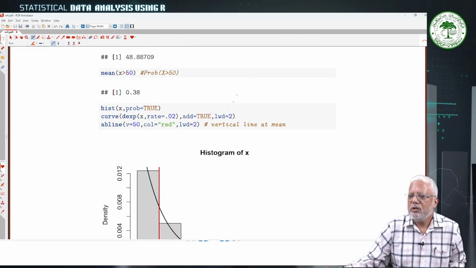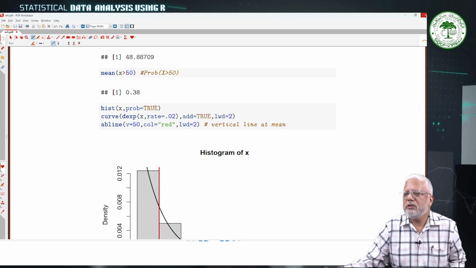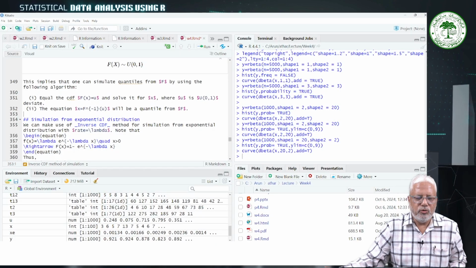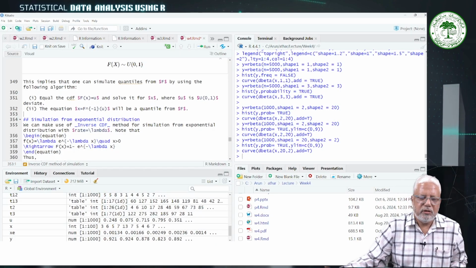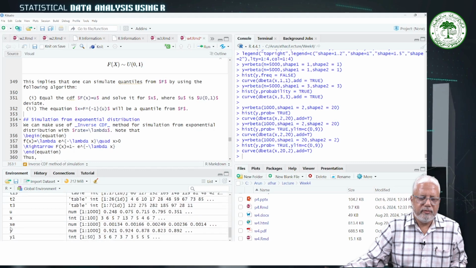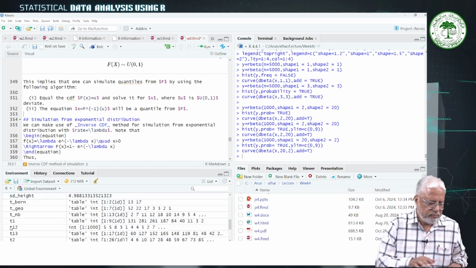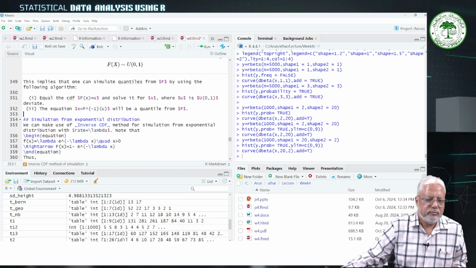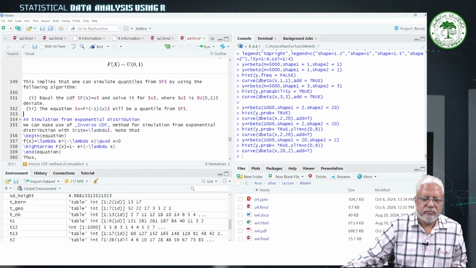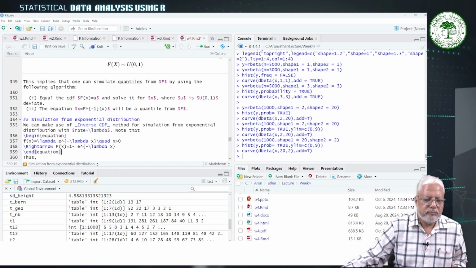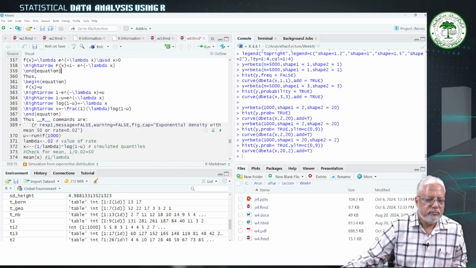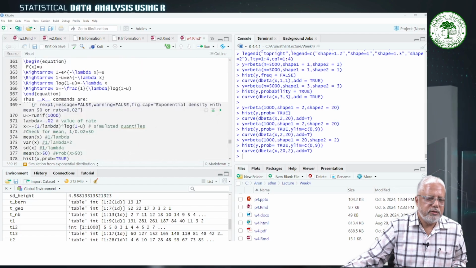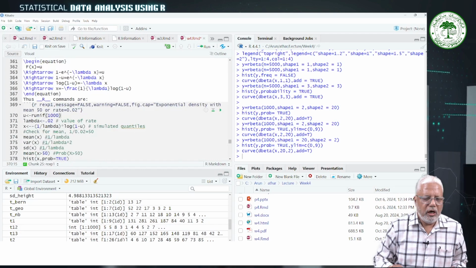So now I would like to close this window and go to these commands. So these are the commands. u is equal to runif.